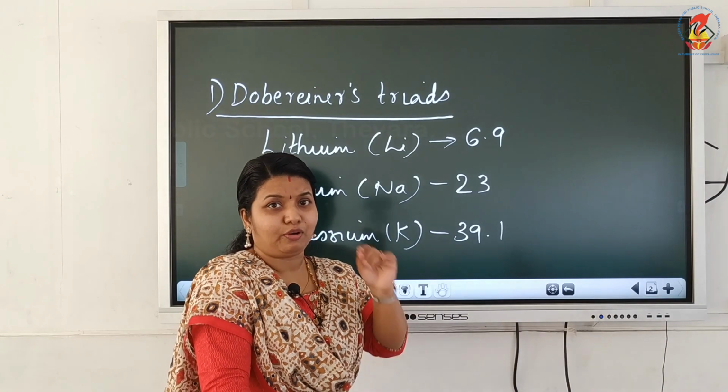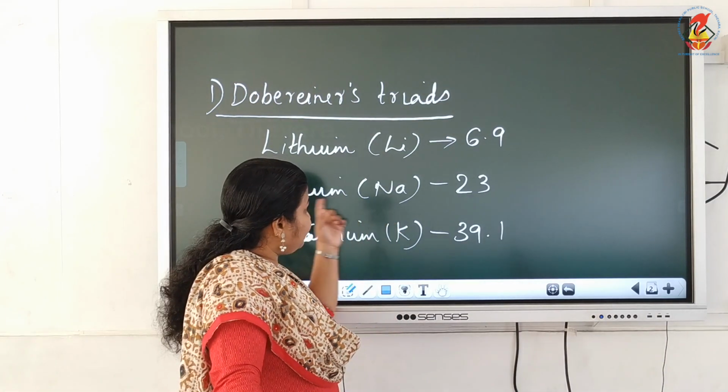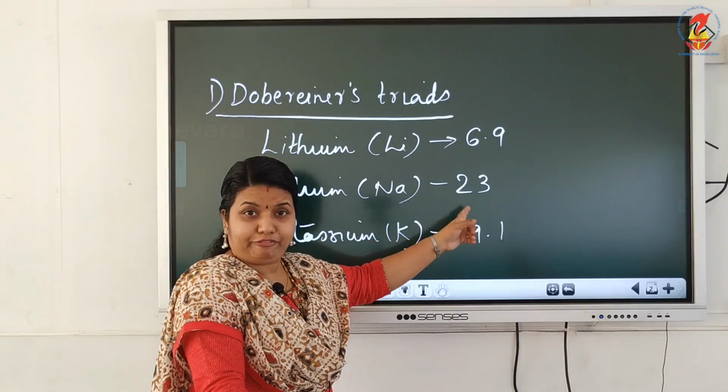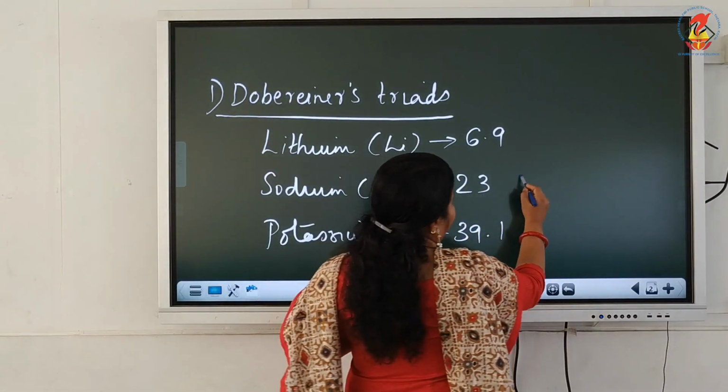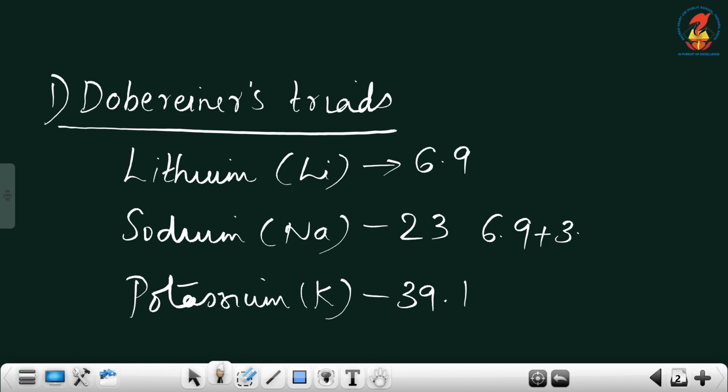According to Döbereiner, the atomic mass of the middle element will be roughly the average of the atomic mass of the other two elements. So, we will take the average of these two, 6.9 plus 39.1, you will get it as 46. 46 by 2 will give you 23. So, it is the average of the atomic mass of the other two elements.